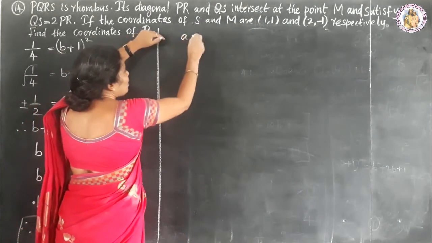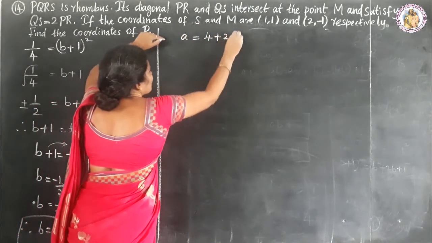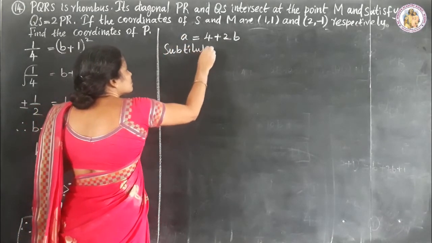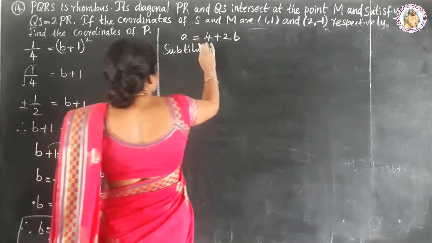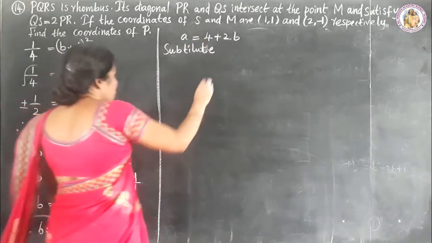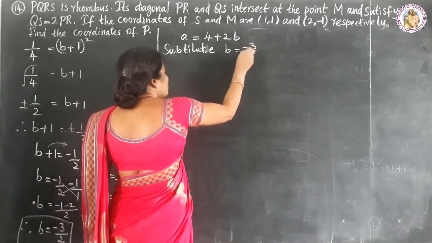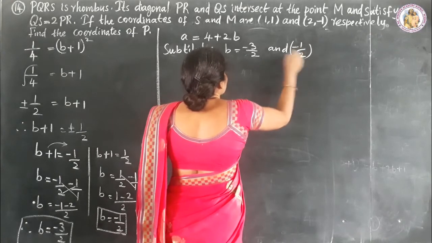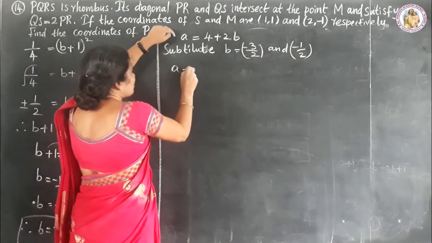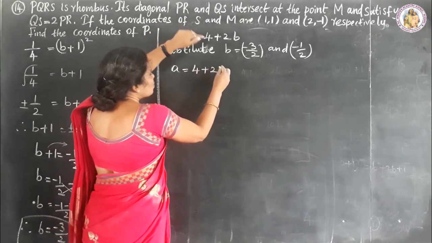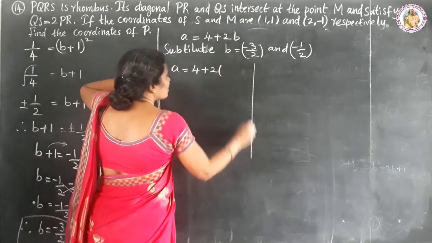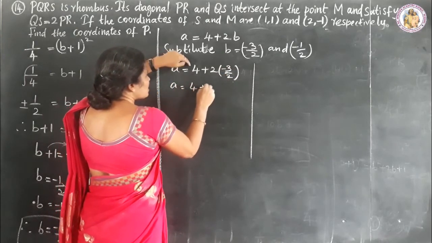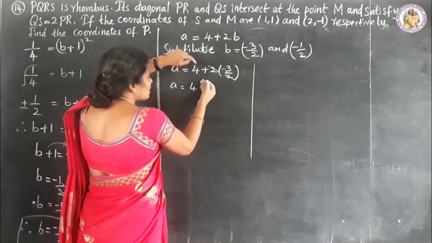Now let us substitute the value of A is equal to 4 plus 2B. Okay, substitute B is equal to minus 3 by 2 and minus 1 by 2. Okay, now A is equal to 4 plus 2B. So now I am taking minus 3 by 2. So A is equal to 4 plus 2 cancel, plus into minus, minus 3.